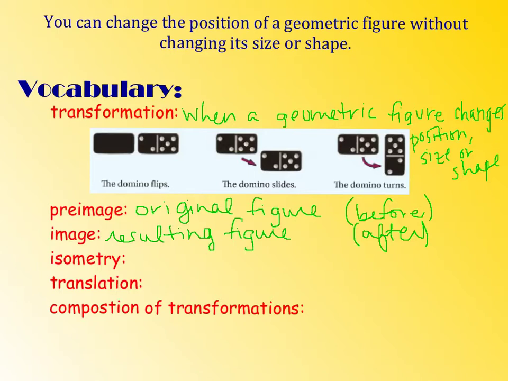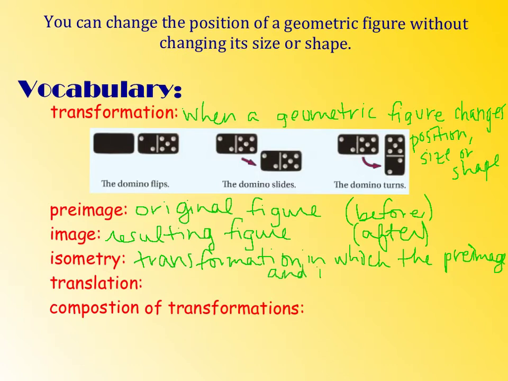Isometry is a transformation in which the preimage and the image are congruent. So an isometry is a transformation in which the preimage and the image are congruent.